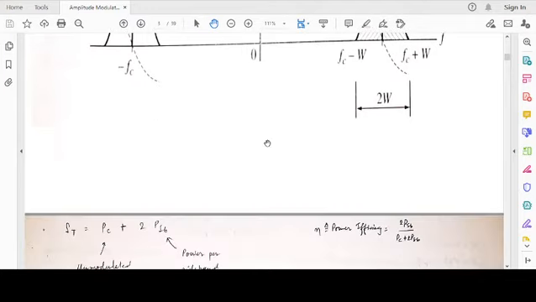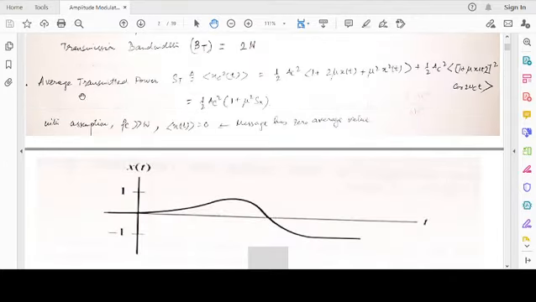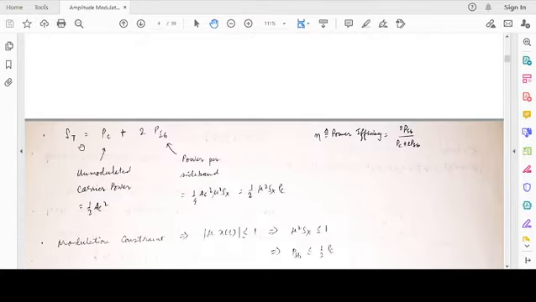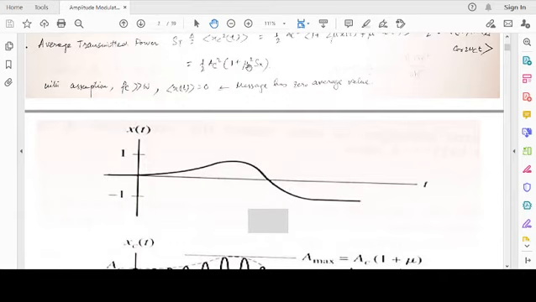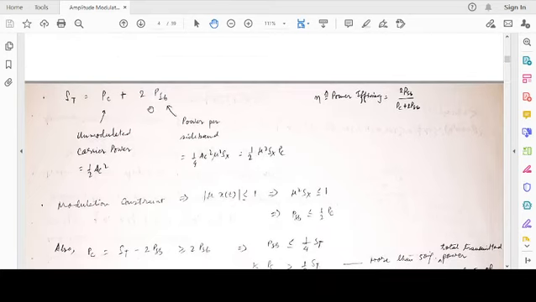Okay, so let's go back to the efficiency. The average transmitted power we had discussed, ST, is equal to half AC square (1 plus mu square Sx). So let's look into this again. The average transmitted power is half AC square, which is the unmodulated carrier power, and the remaining portion, half AC square mu square Sx, can be written as 2 times the power per sideband.